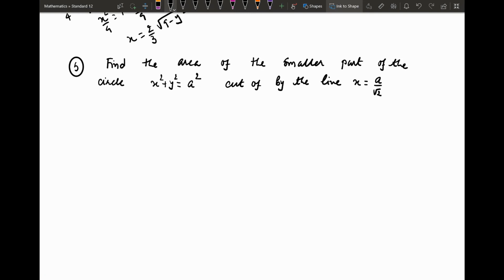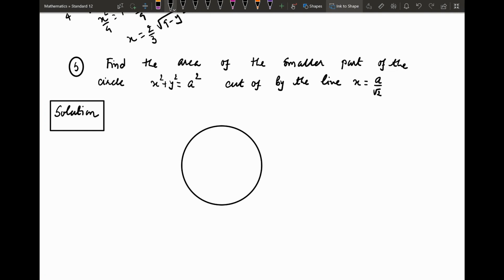So first we discuss the solution with the help of a figure. This is the circle x square plus y square equal to a square, a circle with center (0, 0) and radius a.